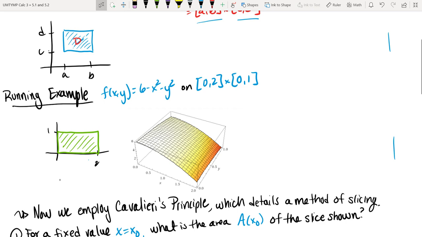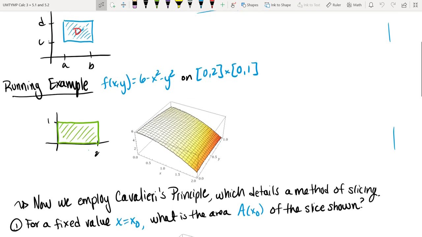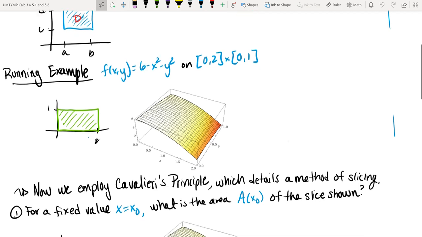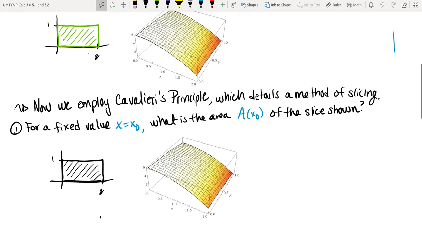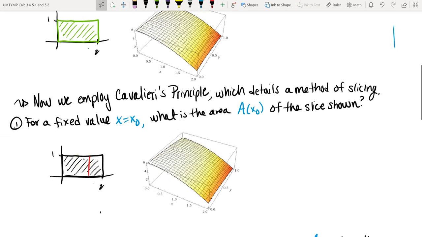We're going to walk through how we use that idea. If we fix a particular value, say x is equal to x0, some fixed constant in our domain, what is the area of that slice? First, let's visualize it. Say x0 is here, closer to 2 than to 0, maybe this slice right along here.